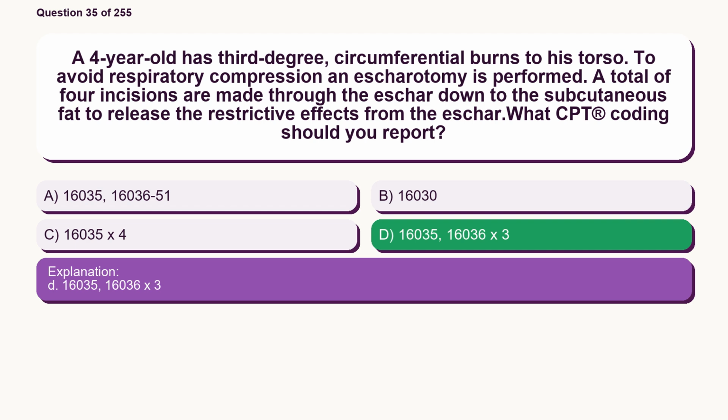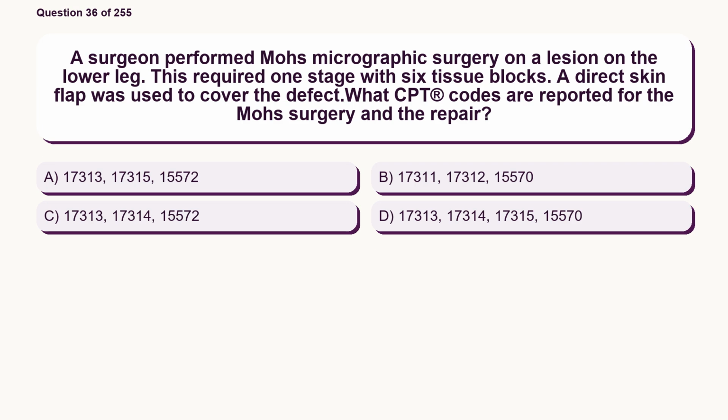Question 36. A surgeon performed Mohs micrographic surgery on a lesion on the lower leg. This required one stage with 6 tissue blocks. A direct skin flap was used to cover the defect. What CPT codes are reported for the Mohs surgery and the repair? Option A, 17313, 17315, 15572.